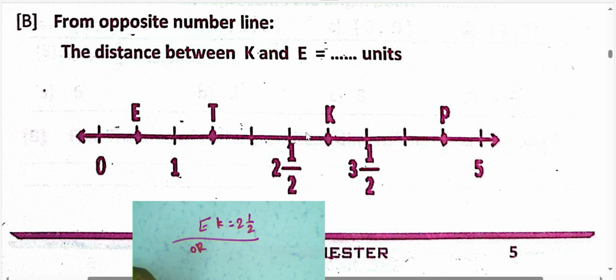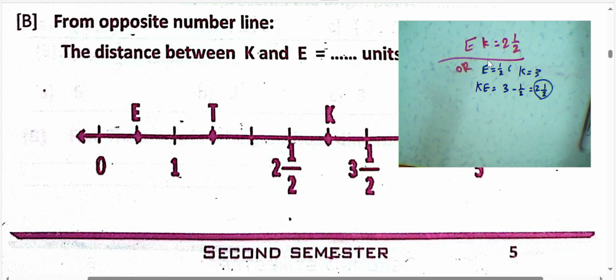The position of the point E is half. And K lies between 2 and half and 3 and half, it will be 3. Then the distance between them equals the difference between them. 3 subtract half equals 2 and half. Okay? The easy method, in the other method here, you must count.